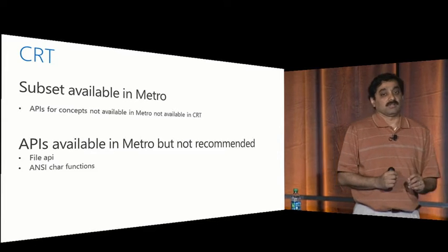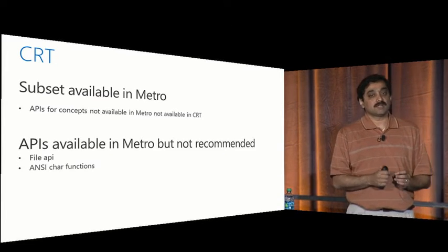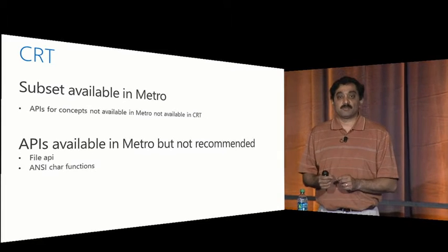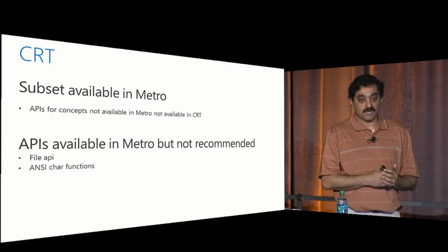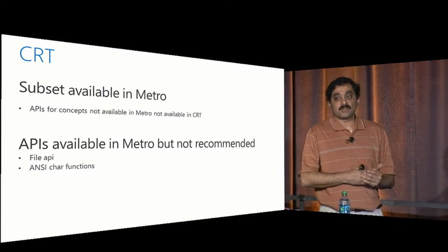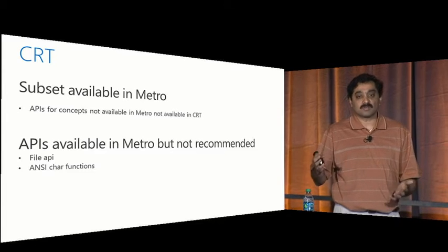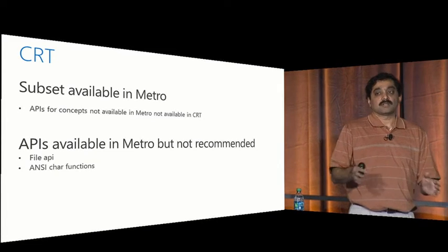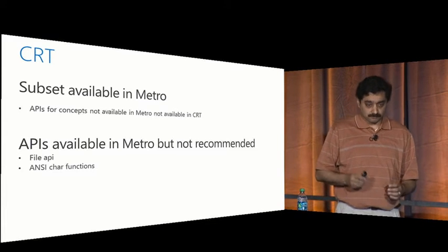In general, if a concept that was wrapped by an API is not available in Metro, then we chose not to have it available for your apps. We didn't want to say, there is no console in Metro, so we'll fake up a console somewhere and let you use it. The concept is not available, so we didn't enable it for Metro.